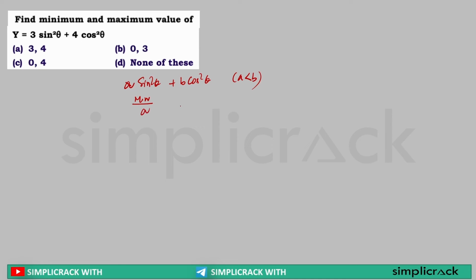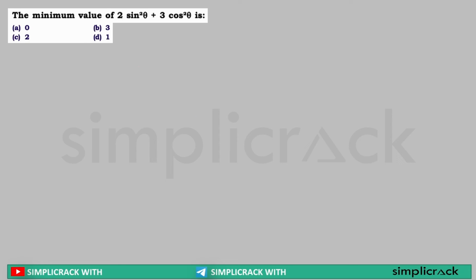Minimum value is A. Maximum value is what? Maximum value is B. So here minimum value is 3, maximum is 4, option A. Clear? If A was greater than B, then minimum would have been B, maximum would have been A. Clear? Sorted? Next. Sir, minimum value of this expression, see, A is less than B, so minimum value is 2.